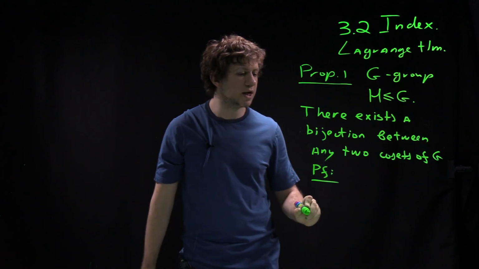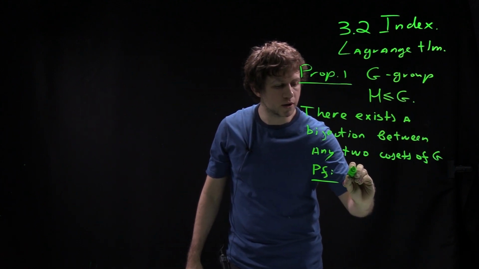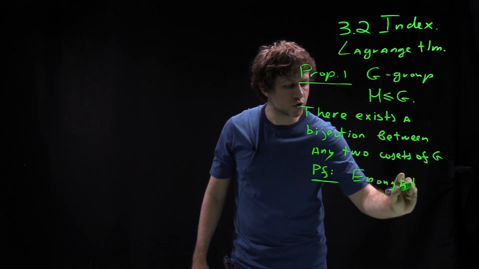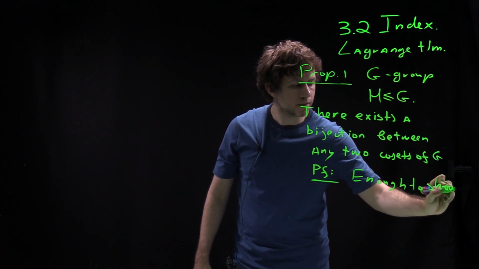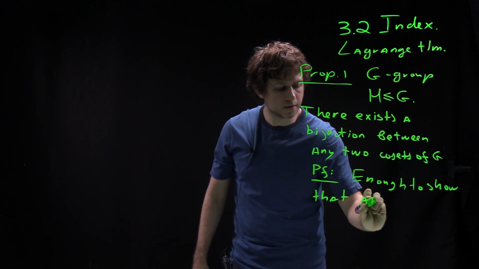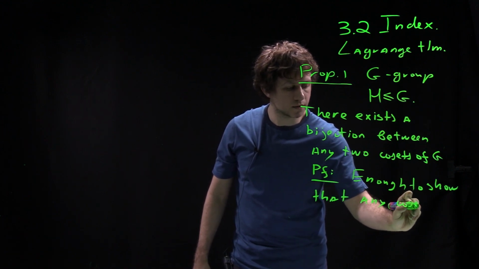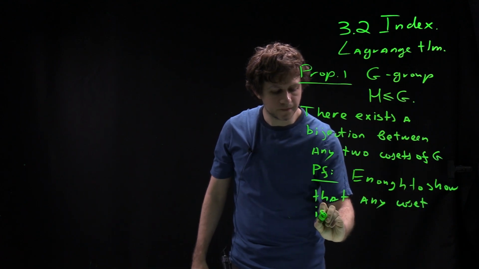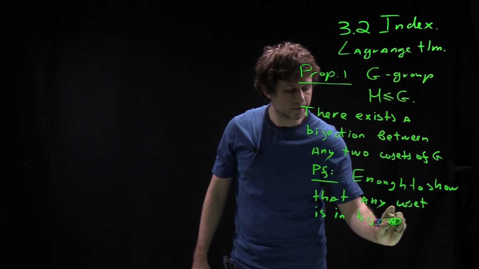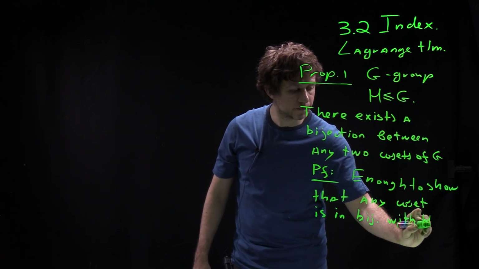So the proof is that it is enough to show that any coset is in bijection with H. Why?